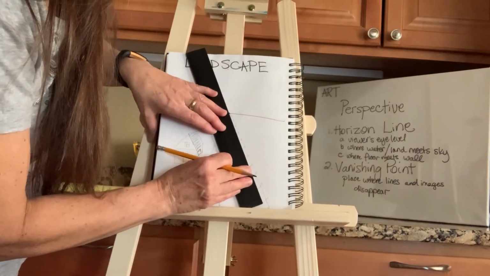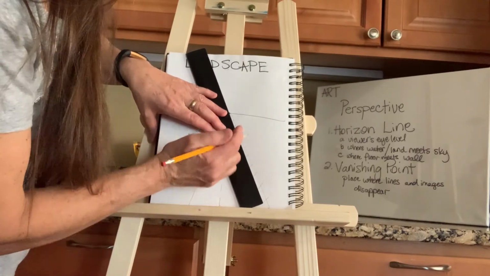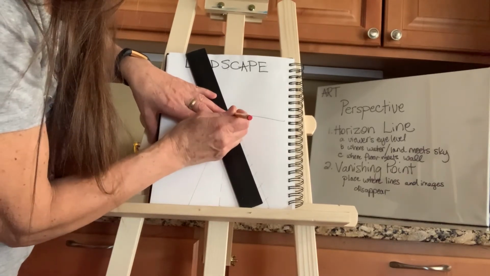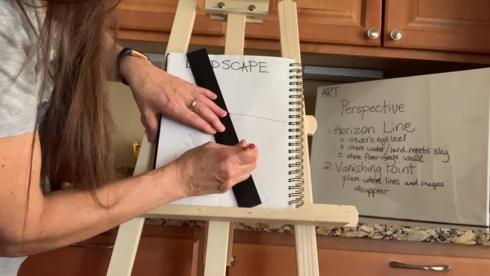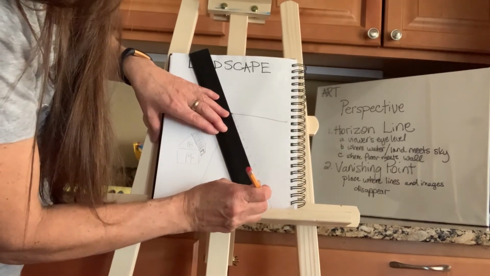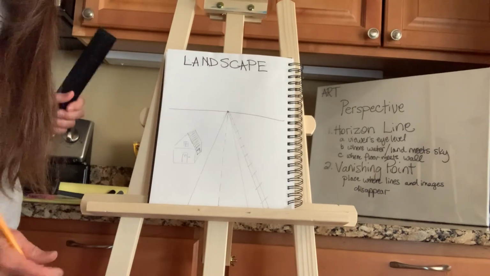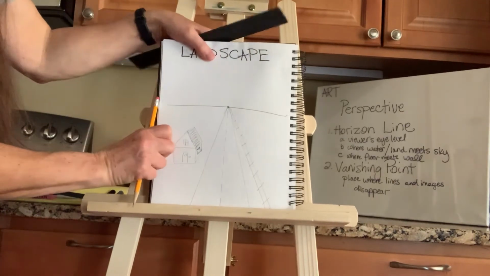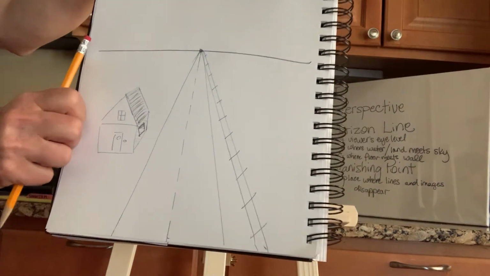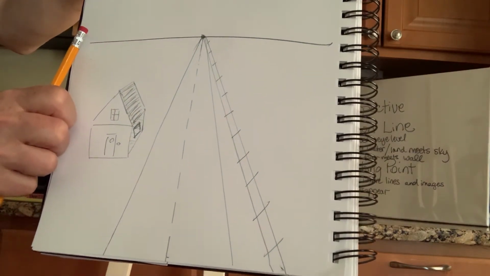So you can draw another rail. And again, start at the vanishing point. And those lines and spaces get bigger as you get closer. So that's a really basic design of a highway and a house and a fence.